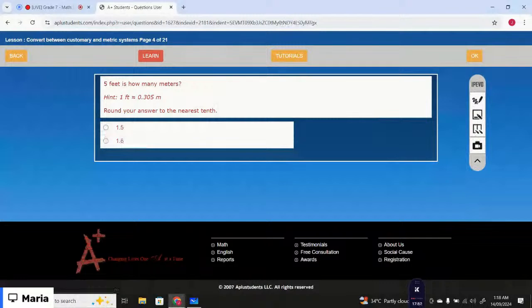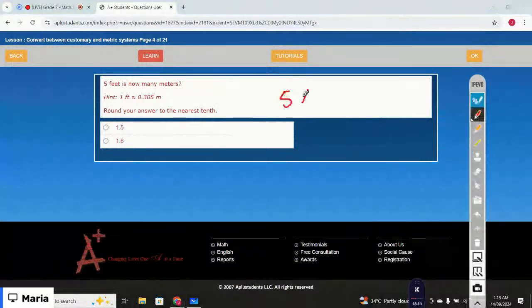5 feet is how many meters? You have to convert from feet to meters, right? You are given the unit 1 foot equals 0.305 meters, right? So you have to calculate 5 feet. You have to do 5 times 0.305.